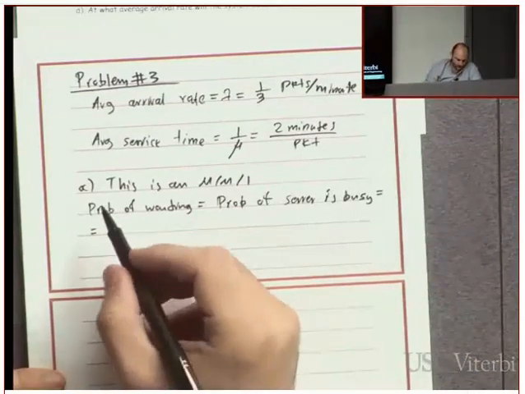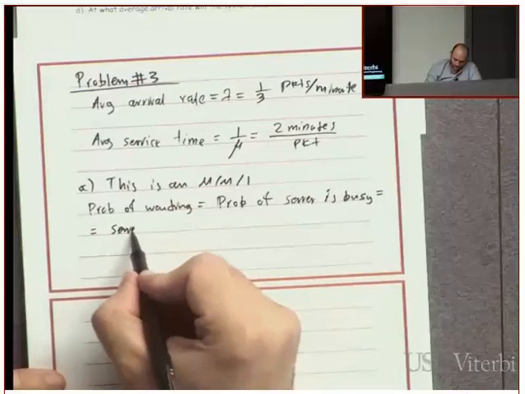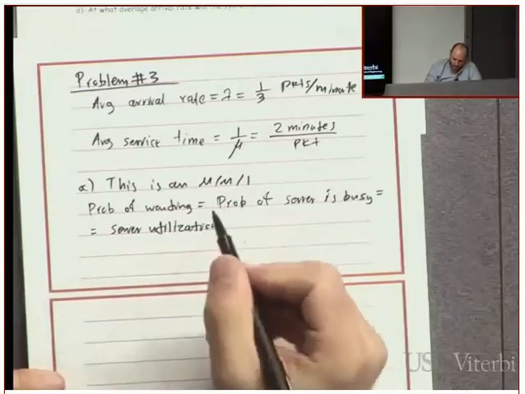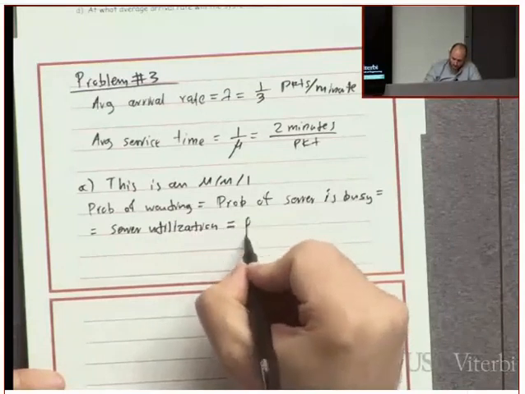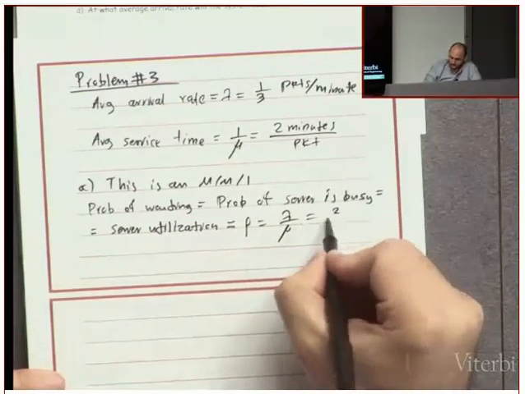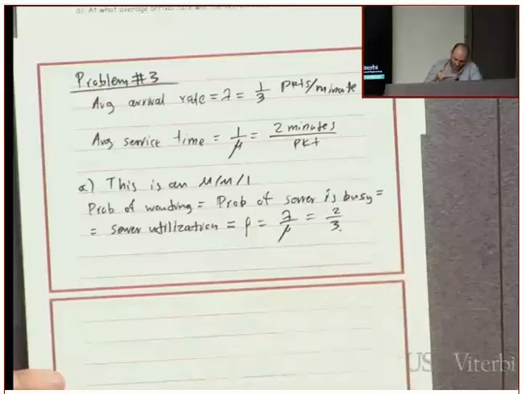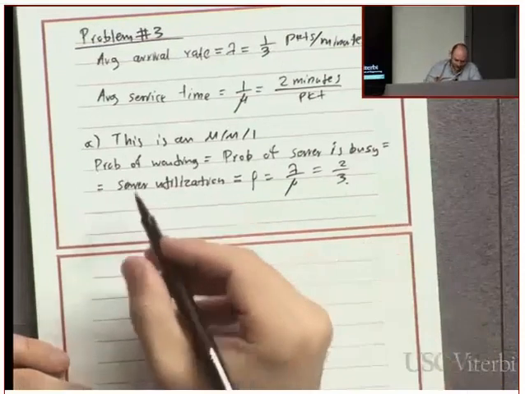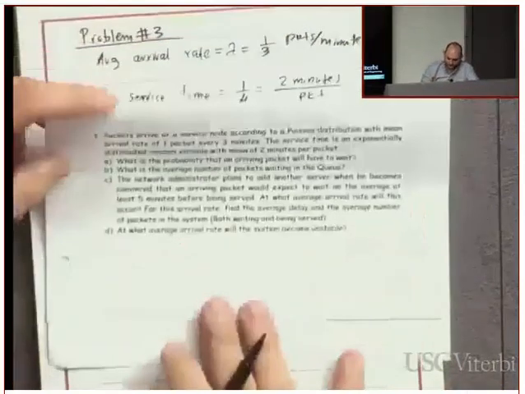So this is equal to server utilization, and this is equal to rho, meaning lambda over mu, which is 2/3. You were close to that. Okay, so that's the first question.